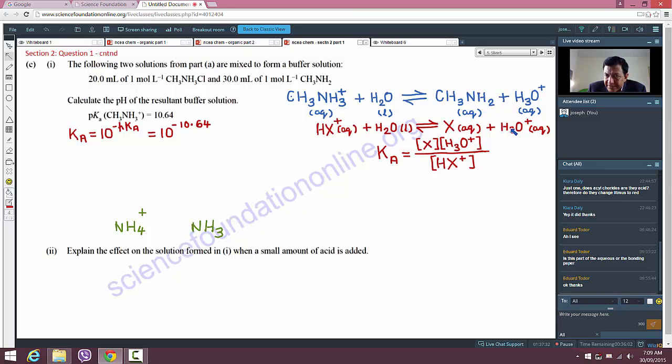I put that as X, and then we get H3O+, and if that's the X, then something that has an H+ more than X will be HX+, right? So that species we can write as HX+ plus H2O liquid in equilibrium with X aqueous plus H3O+ aqueous. What's the X? CH3NH2. But it just means that I can write down the acid dissociation constant expression in a more compact way. Right? It doesn't change the calculation at all.